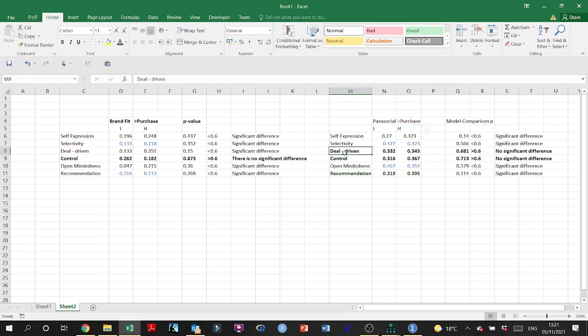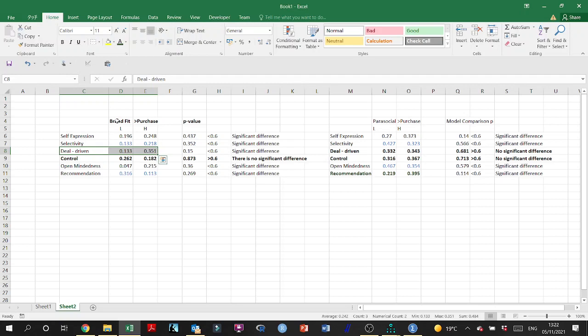This, on the other hand, is quite alarming, because if you are deal driven, then the parasocial relationships can affect you. But it seems like deal-driven did not show any significant difference here. However, deal-driven showed that the higher you are deal-driven, the higher the brand fit is supposed to be.